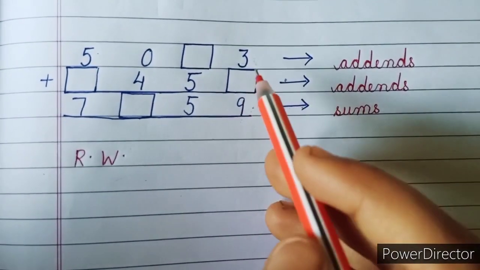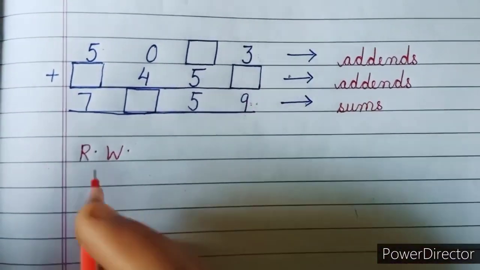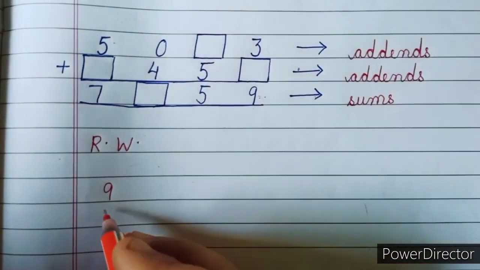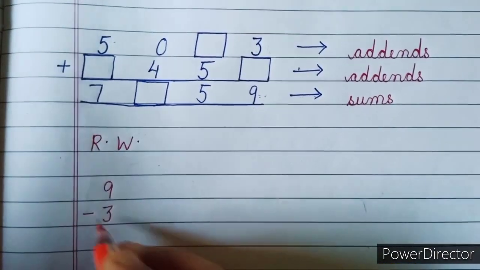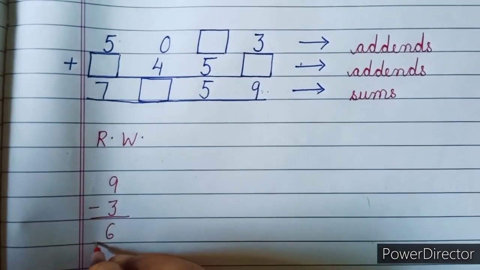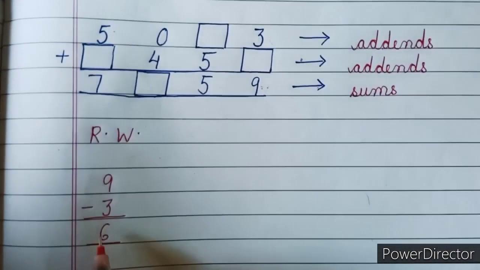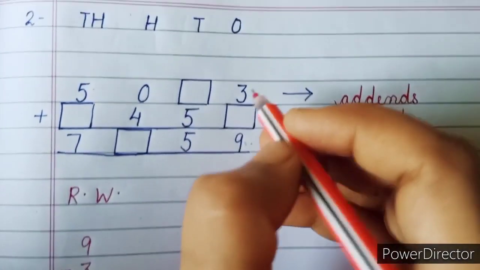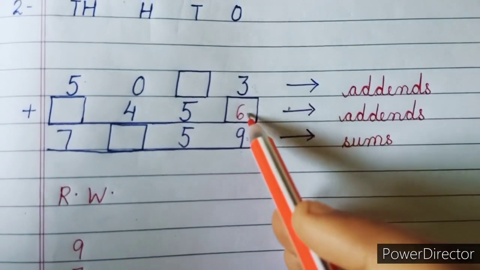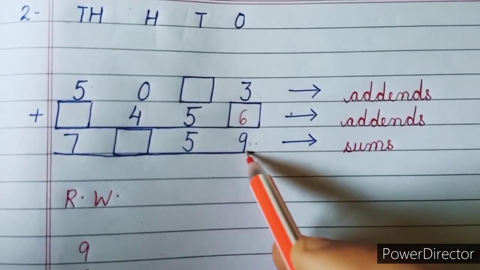So the big number is 9 and the small number is 3. 9 minus 3 is equal to 6. This 6 we will write in this box. Let's check. 3 plus 6 is equal to 9.